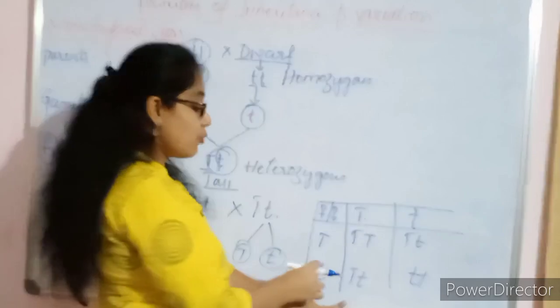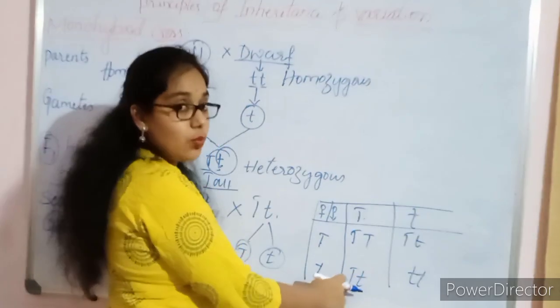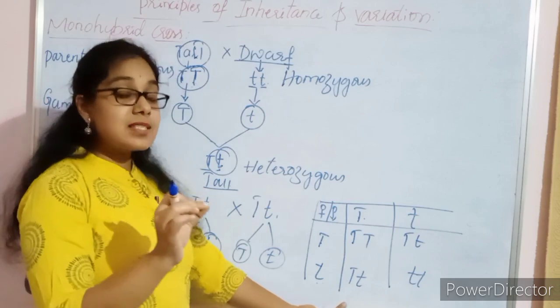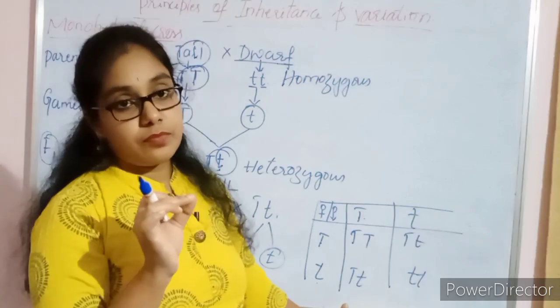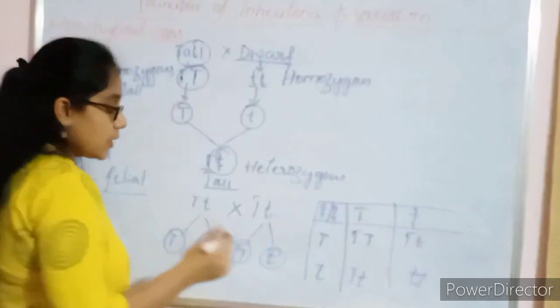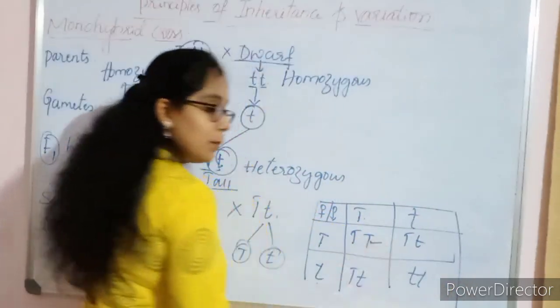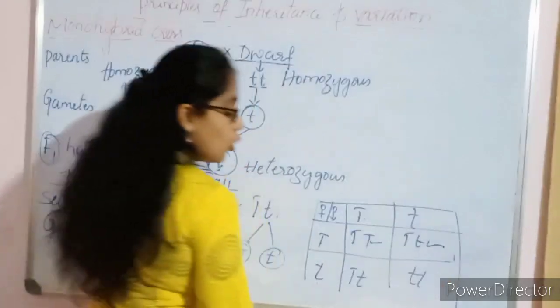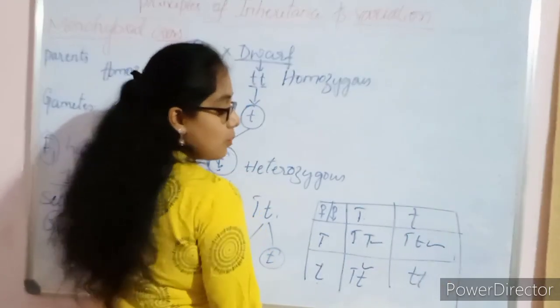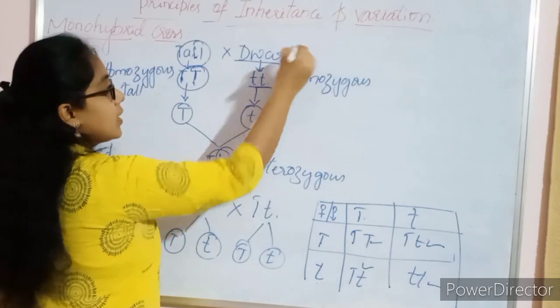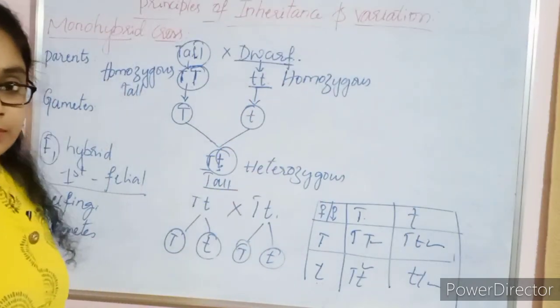Again see here, capital T is there, small t is there. You can ask me why I have written capital T first, why not small t? Because the dominant gene must be written first. That's all. So again, it is a tall plant. It is also a tall plant. It is also a tall plant. Capital T, small t is a dwarf plant.